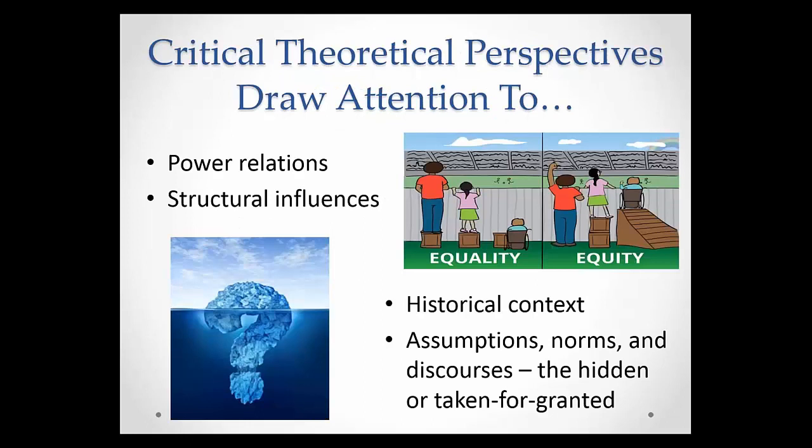We actually did an independent analysis of our understanding of critical theoretical perspectives, and then we came together and came up with this list of four simple points. The critical theoretical perspectives that we found draw attention to were power relations, as noted. This indicates how and why some groups dominate and/or receive privilege in comparison to other groups.